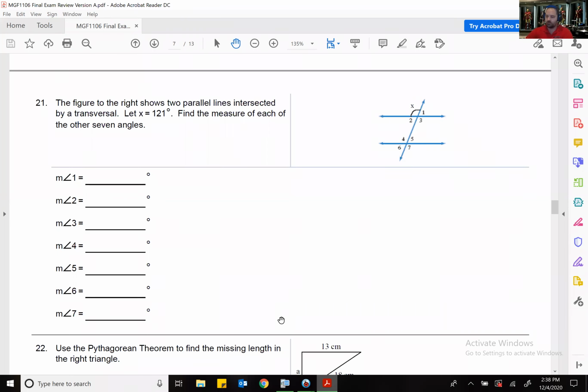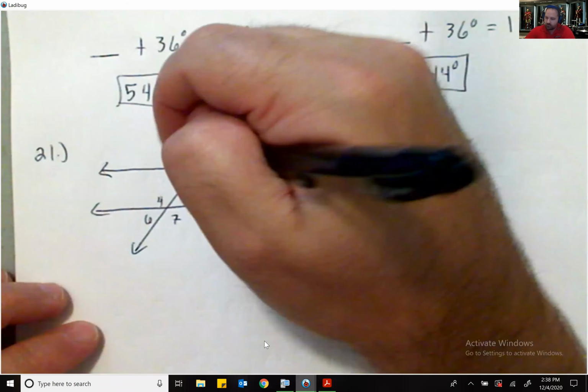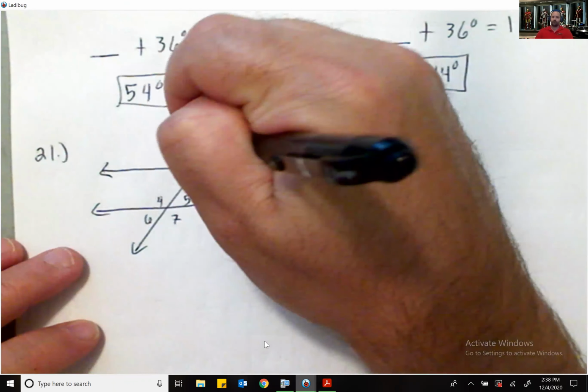Measure of angle 1, measure of angle 2, measure of angle 3, measure of angle 5, measure of angle 6, and the measure of angle 7. So we're after 8 different angles. And they did give us the angle X, which is a total of 121 degrees. I'm going to put 121 degrees in my picture instead of X. That's what we know.